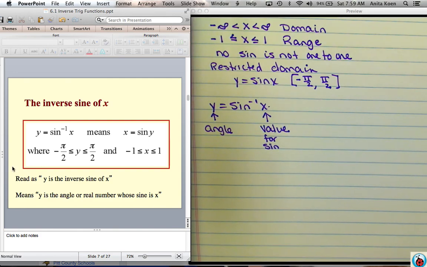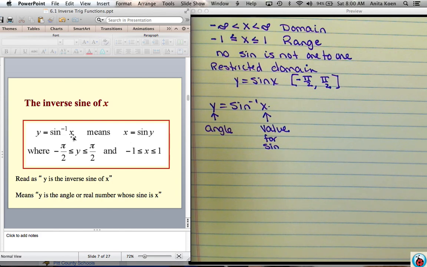Now there's a difference between how we read something and what it actually means. We read this as y is the inverse sine of x. But what this means is y is the angle, or a real number, whose sine is x.